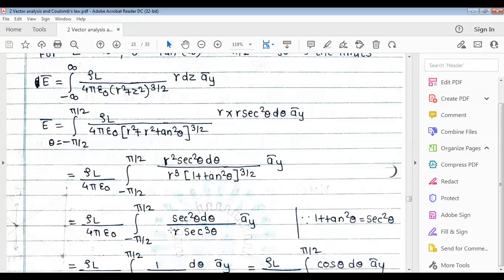Therefore, it is 1 divided by r into sec square theta d theta divided by 1 plus tan square theta raised to 3 by 2. Now, 1 plus tan square theta is equal to sec square theta. Then why is it written sec cube theta?